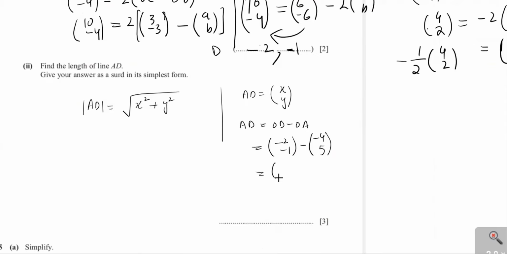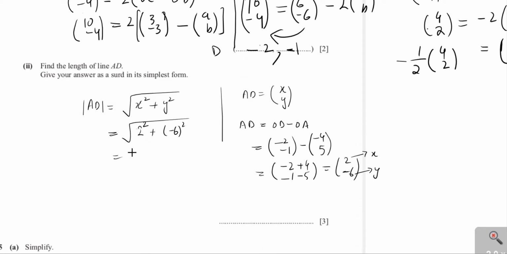And therefore this will be equal to (-2 plus 4, -1 minus 5), and this is (2, -6), the column vector of AD. And here the x coordinate is 2 and the y coordinate is -6, and therefore this will be equal to the square root of 4 plus 36, and this is square root 40. And we can write, therefore, square root of 4 is 2. We write 2 square root 10 is the answer.